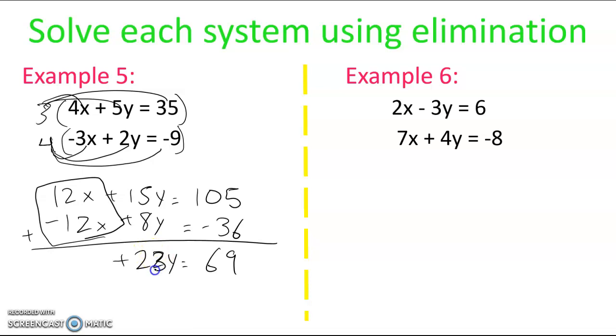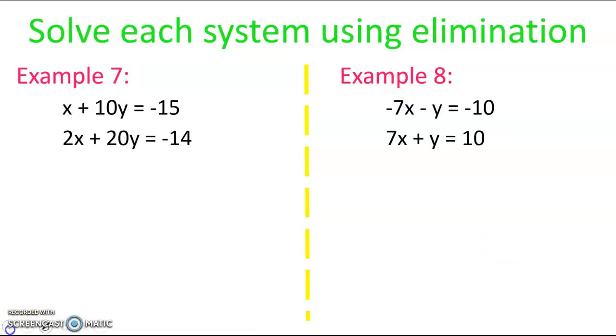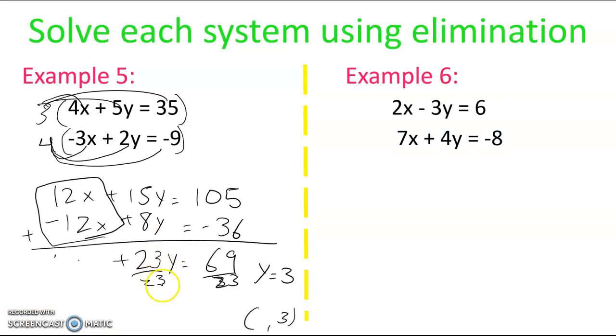I get a 23 for this y, excuse me. Sorry for the flub up there. 15 plus 8 is equal to 23. You get 23y is equal to 69. We get y is equal to 3. I'm going to take this y, plug it back into, let's say, this second equation here, and it's going to get negative 3x plus 2 times 3 is equal to 9.